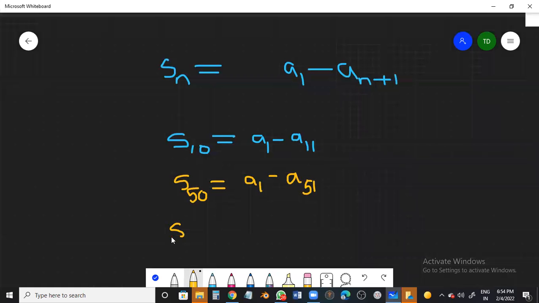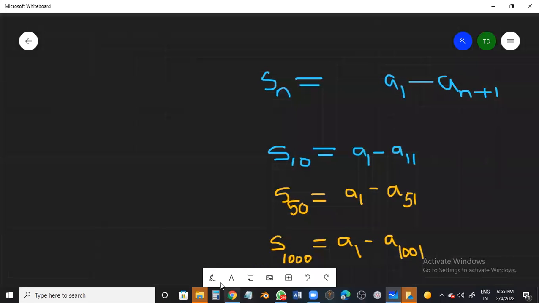I would like to ask you S1000. A1 minus A1001. So I hope you now got what I said. In Sn, A1 is a constant, everywhere it is the same. What changes is An plus 1, depending on the value of n. Got my point? Yes, ma'am.